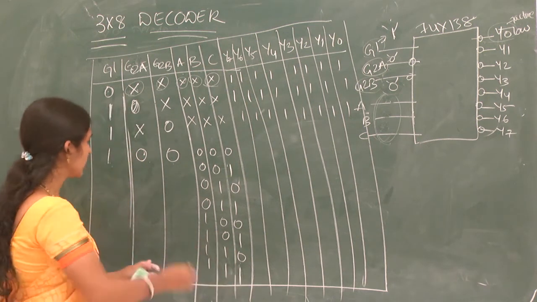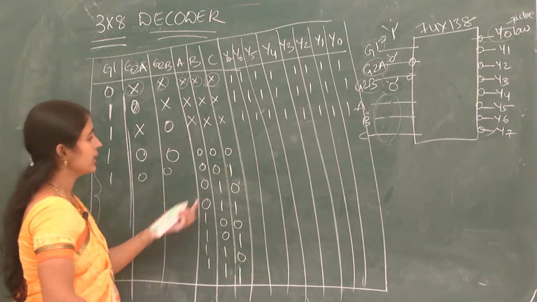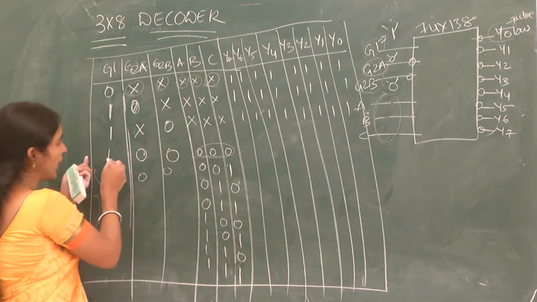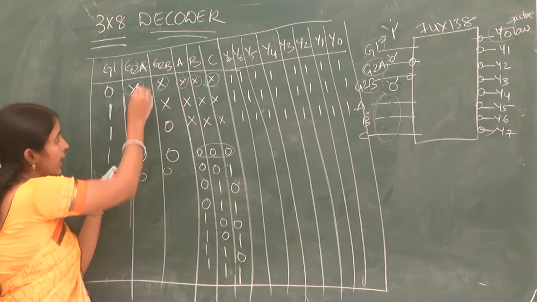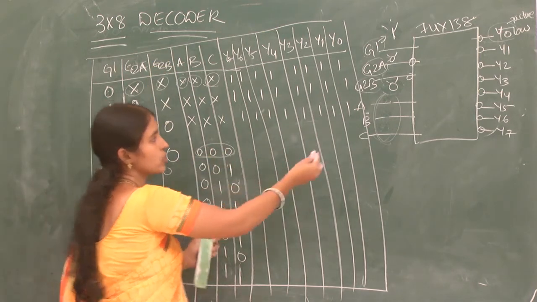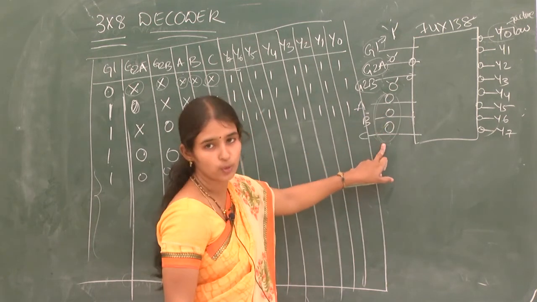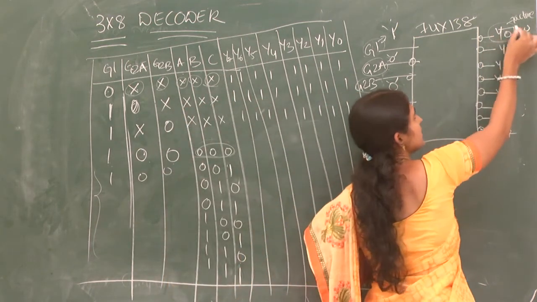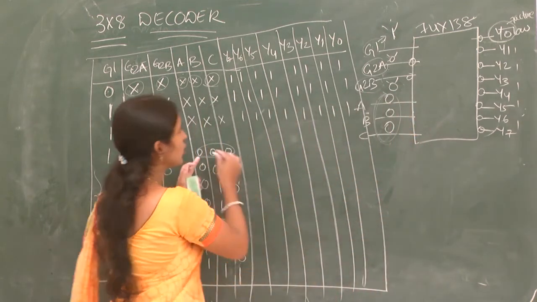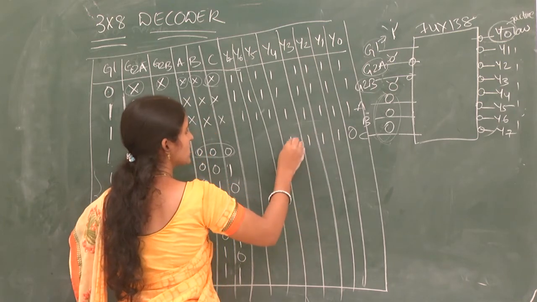You should provide all these with the same enable inputs. If you provide 0, 0, 0, that means G1 is 1, G2A is 0 and G2B is 0, with inputs 0, 0, 0. Then only Y0 will be 0 and all others will be 1, so you get output at Y0 and all other outputs are disabled.